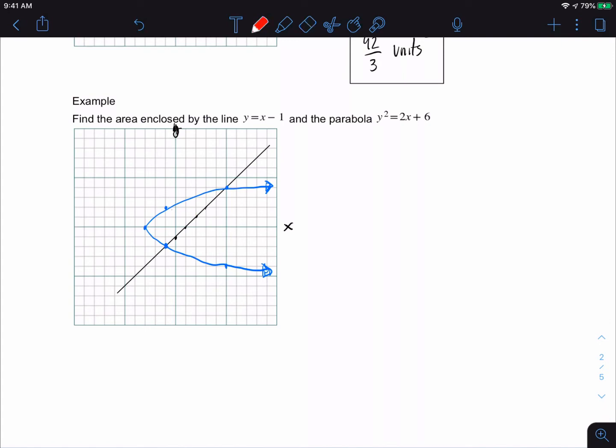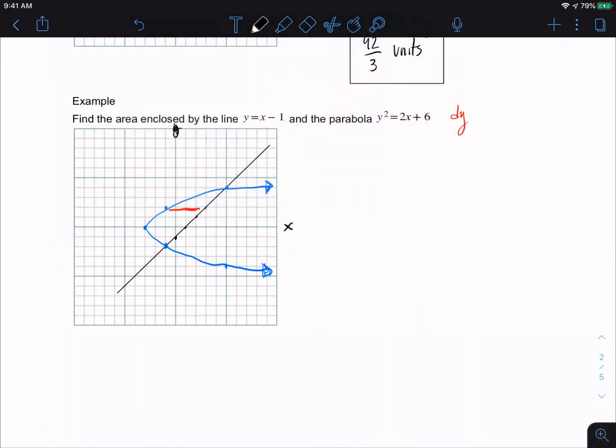We need to do our slice horizontally. And since it's a horizontal slice, which axis is it going to cross? It's going to cross the y, and so we know that our integral has to be in terms of dy.